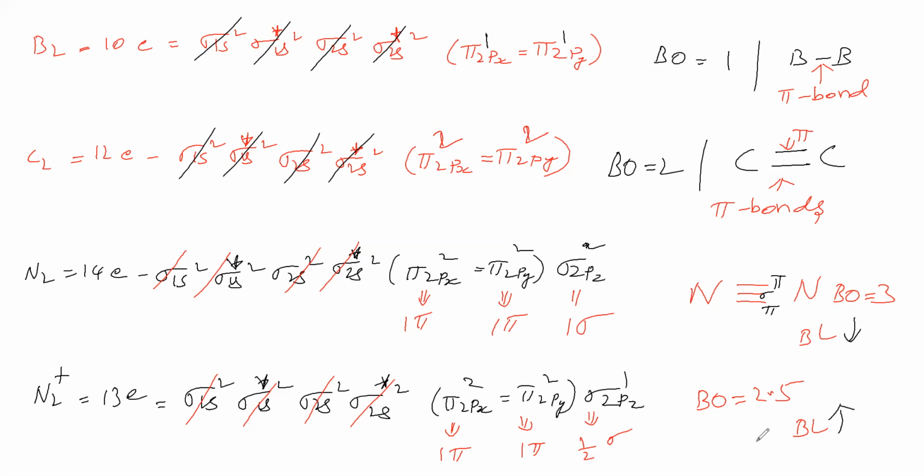Next we will take the O2 species. O2 contains 16 electrons, that we will write: sigma 1s, sigma star 1s, then sigma 2s, then sigma star 2s. Then will pi 2px come or not?